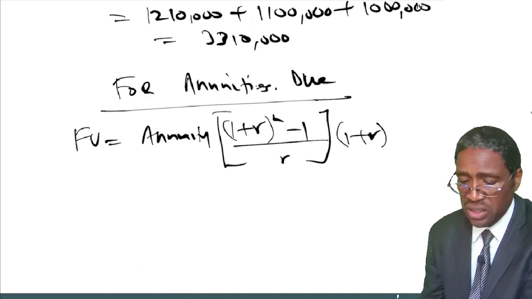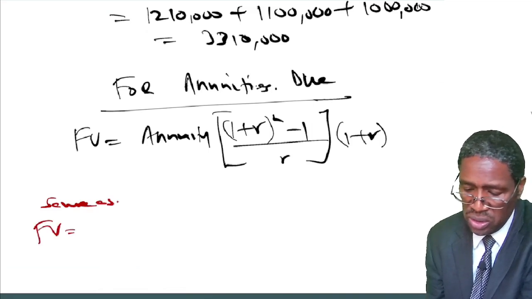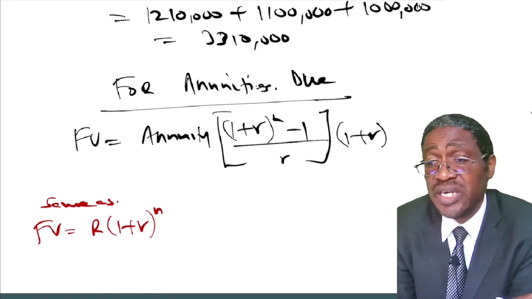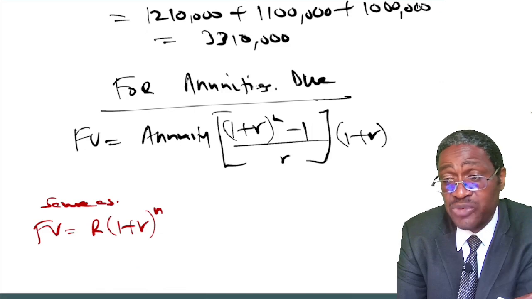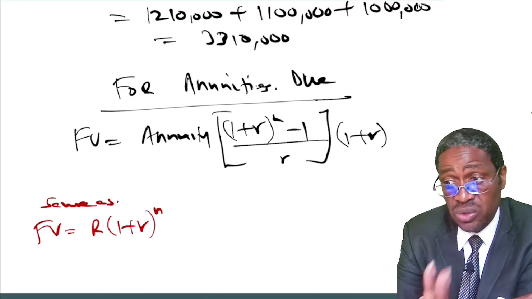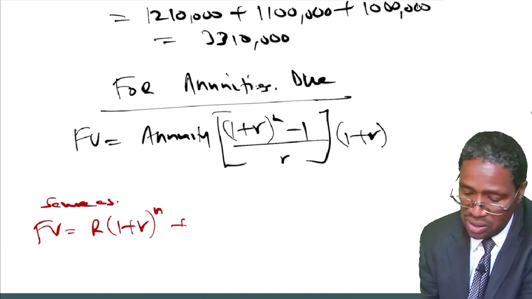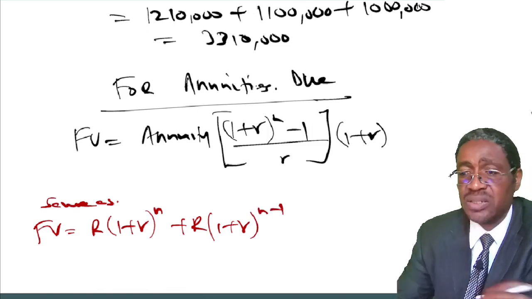Maybe you can even say here, same as: future value equals r into 1 plus r, the power of n. Remember now your n is being invested at the beginning. So if our n is 4 years, you will earn for 4 years. N will remain 4, plus r into 1 plus r, the power of n minus 1.